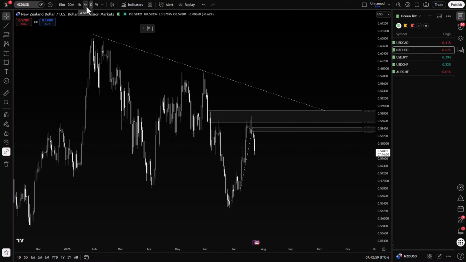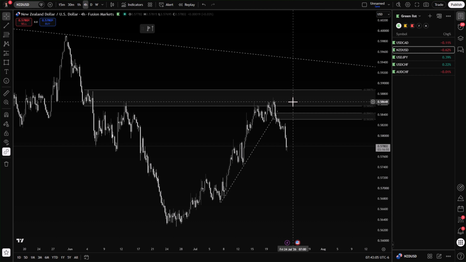So we need to find a sell setup, basically a short position, if a short position comes up, and it did this time. So when we go down to the 4-hour time frame, price bounced off this supply area. I wouldn't short from here. Why?